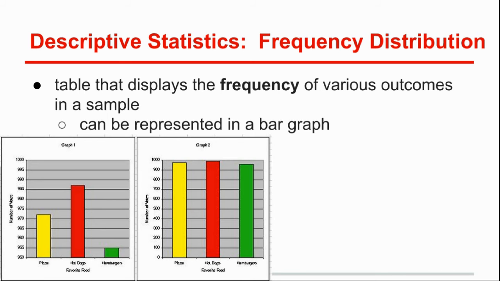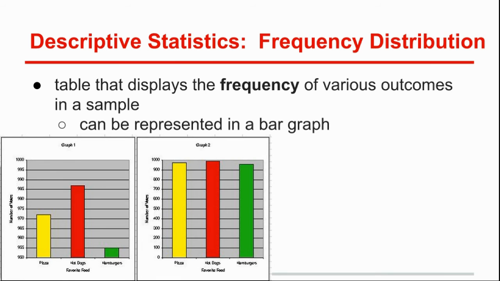And when you look at the bar graph on the right, they all look very similar. They're all in the upper 950s, upwards towards 1,000. When you look at the bar graph on the left, it's made to accentuate those differences. And so it looks like barely anyone likes hamburgers compared to how many people like hot dogs. But in reality, it's just a 30 vote difference. And so the bar graph on the right might be a little more reflective of reality.